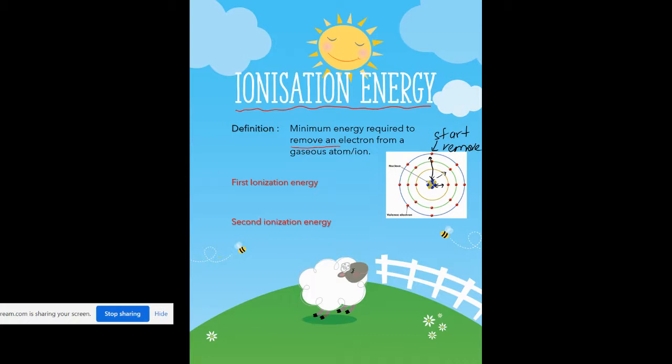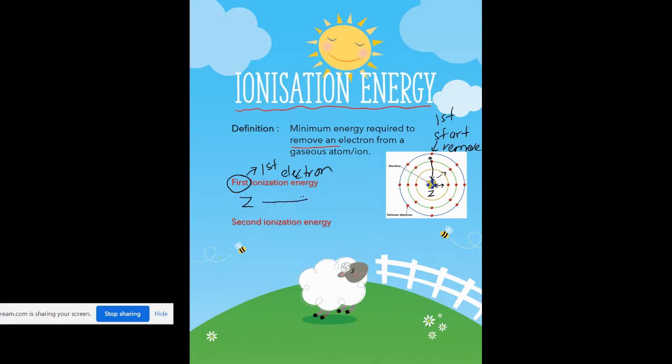Every time an electron is removed, for example, let's have a look at the first ionization energy. First ionization energy refers to the first electron being removed from the atom. Say that this element is element Z. Z is a neutral gaseous atom at the very beginning.